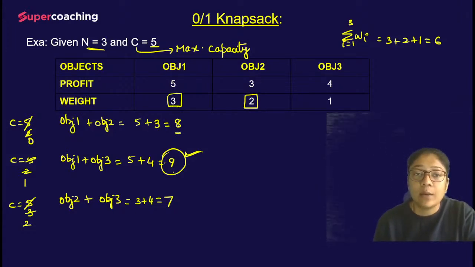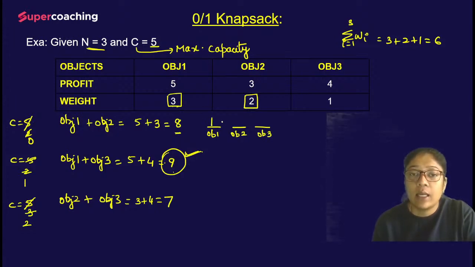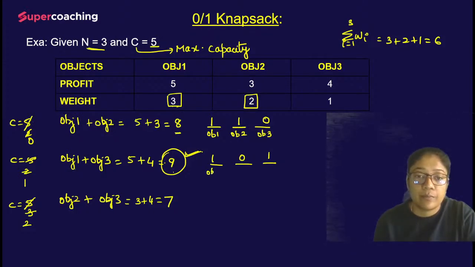So this means that we have to decide which object to take and which object not to take. In this case, this is object 1, object 2, object 3. Taking object 1 and 2 is not giving you the maximum profit. In this case, I have taken object 1 and object 3. Object 2 is not taken.